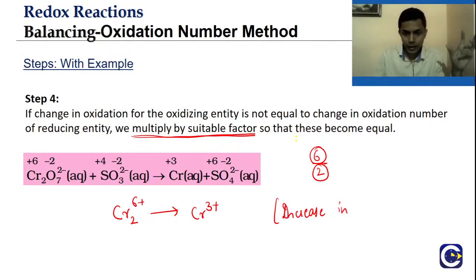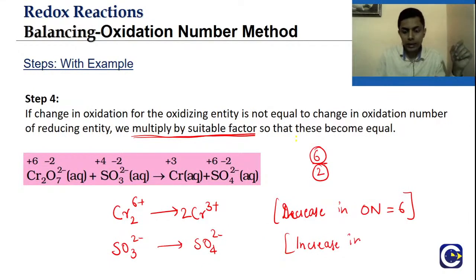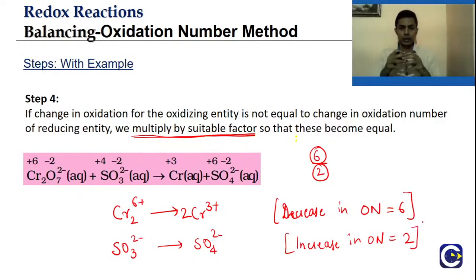Sorry, again I am writing the same thing. It is a decrease. Decrease in oxidation number is 6. Right? For this it is 6. And for SO3 2 minus to SO4 2 minus, the increase in oxidation number is plus 2. Okay, yeah.